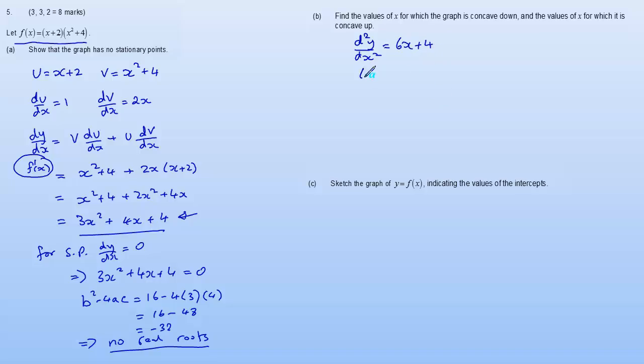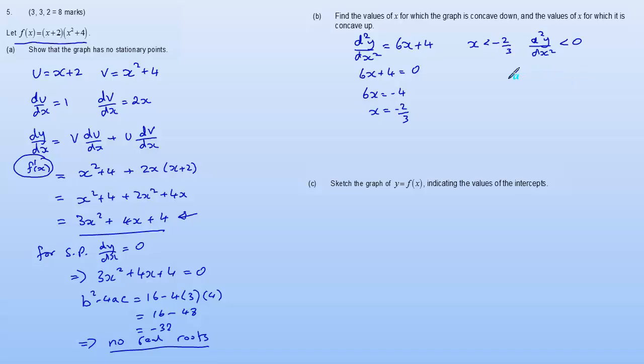So let's put 6x plus 4 equal to 0. So 6x equals negative 4. x is going to be negative 4 over 6, which is negative 2/3. Now, if x is less than negative 2/3, say negative 3 or something, this is clearly going to be negative. So d2y dx squared would be less than 0.